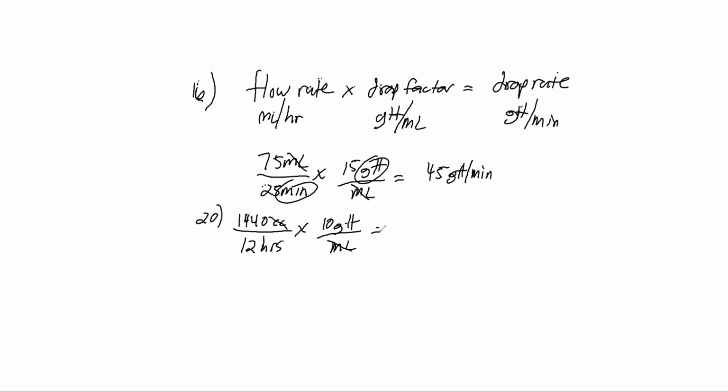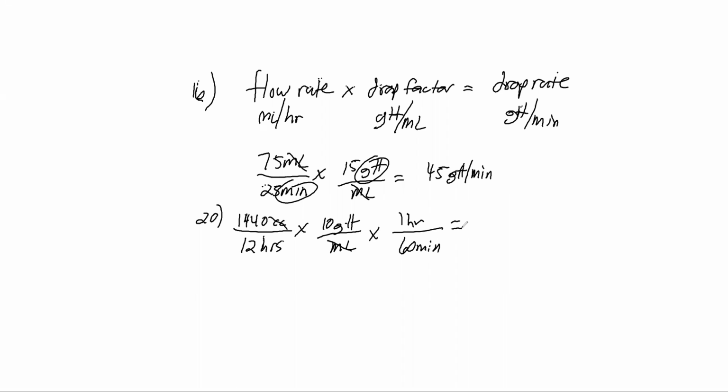I'm going to create an alternative step here, but I'll just show you how to work this through. Before I actually do the equal sign here, I need to do one more conversion, and I need to convert hours to minutes. If I was doing dimensional analysis and throwing it all out there, this is how you would solve this problem.